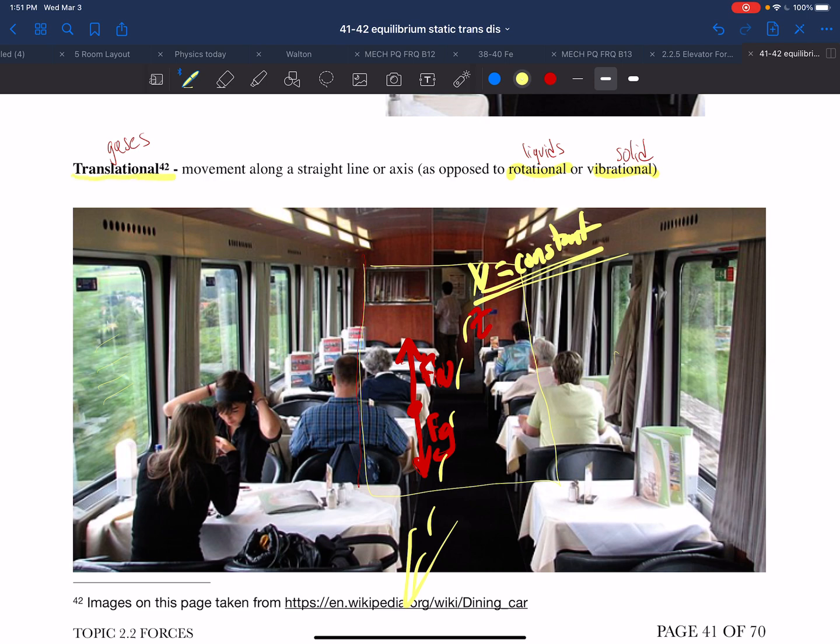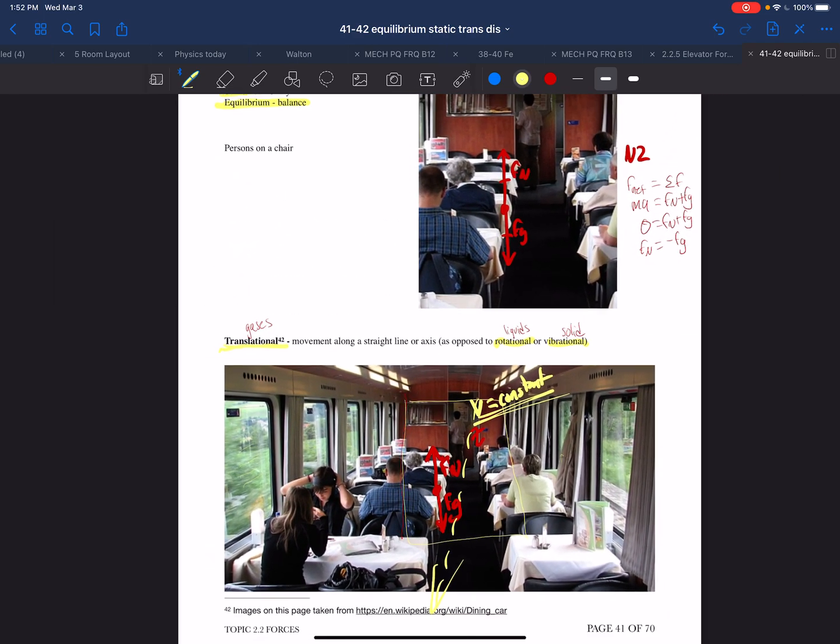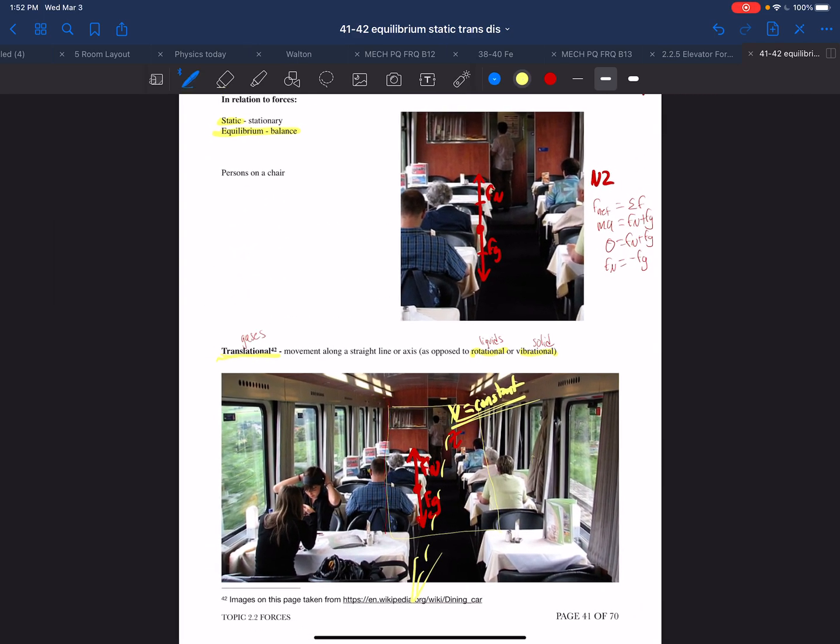And so that's what we mean by translational equilibrium: when a system is in balance, but the system itself is moving through space at constant velocity. So the difference between these two situations is merely one of frame of reference.